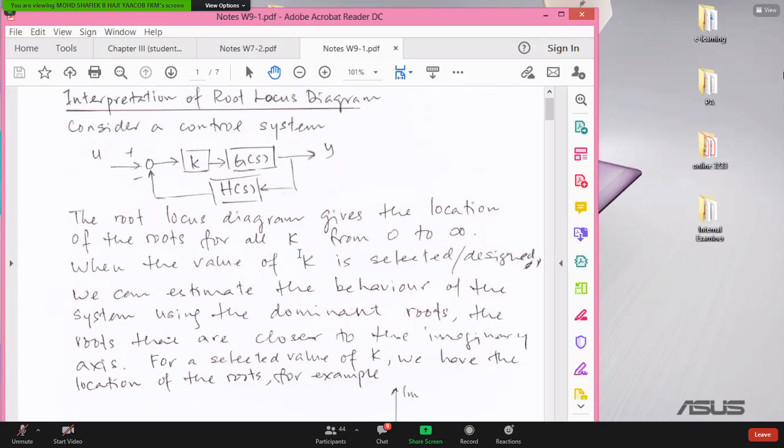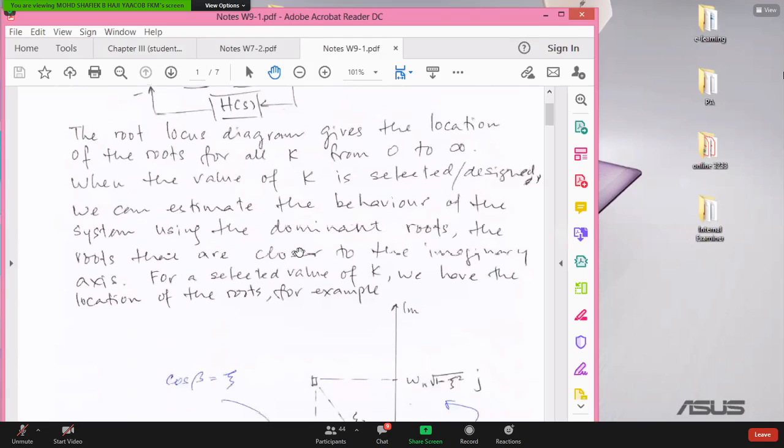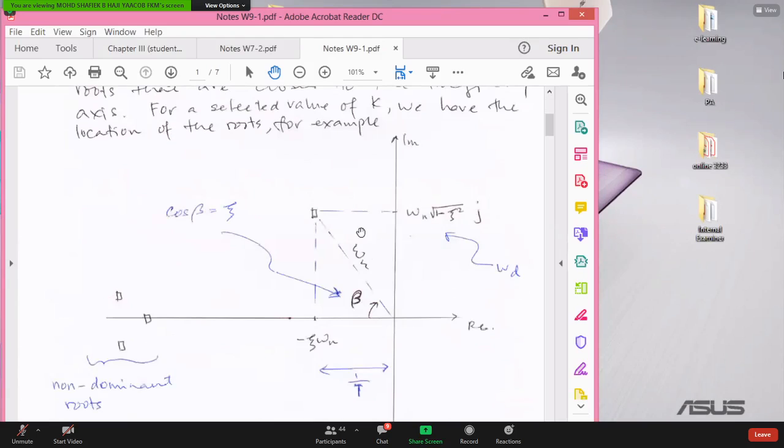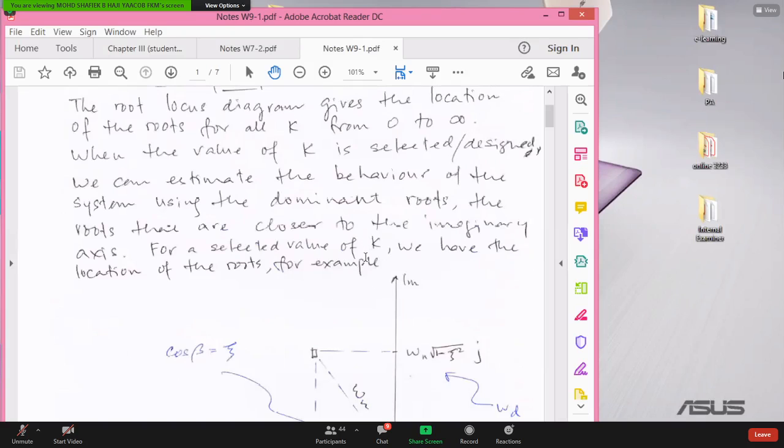So how do we evaluate the time constant, the damping ratio, the natural frequency, the damped natural frequency from the location of the roots? Let's say we selected a value of K, just randomly select K equal 5 or equal 6 or equal 10.